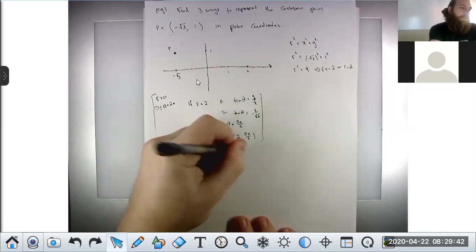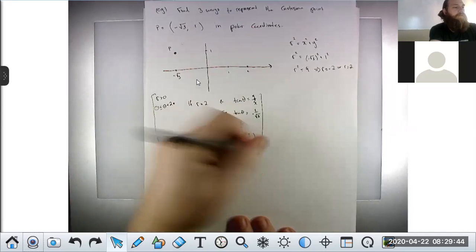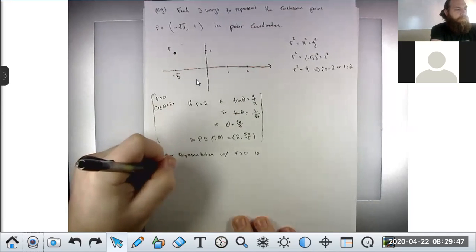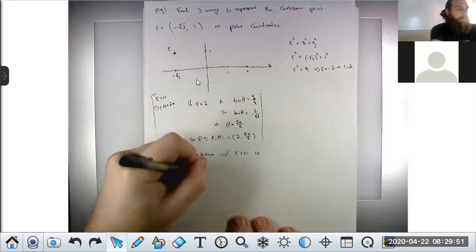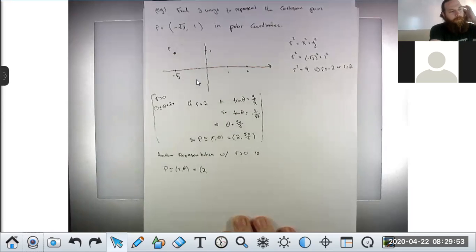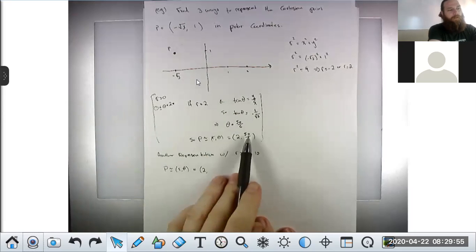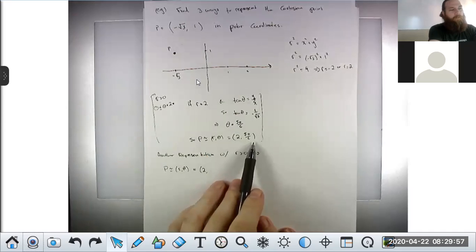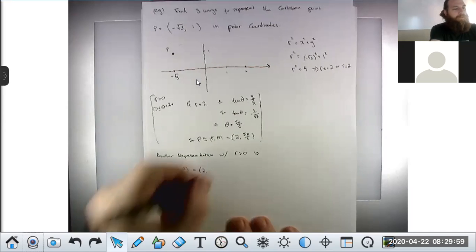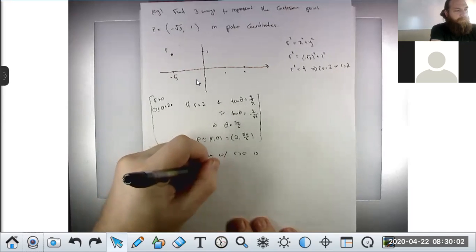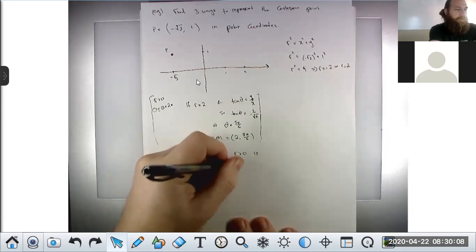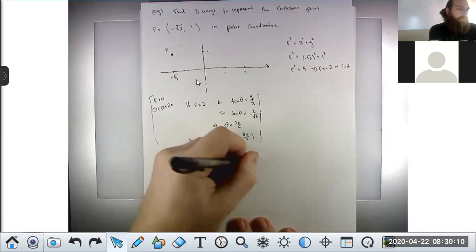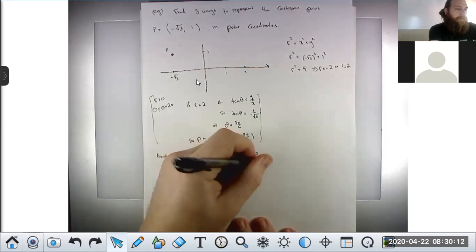Another representation with r positive is r, theta, where r is 2 and theta is 5 pi over 6 plus 2 pi. 2 pi is 12 pi over 6. 12 pi plus 5 pi is 17 pi, so that's 17 pi over 6. Here we just added 2 pi to theta.